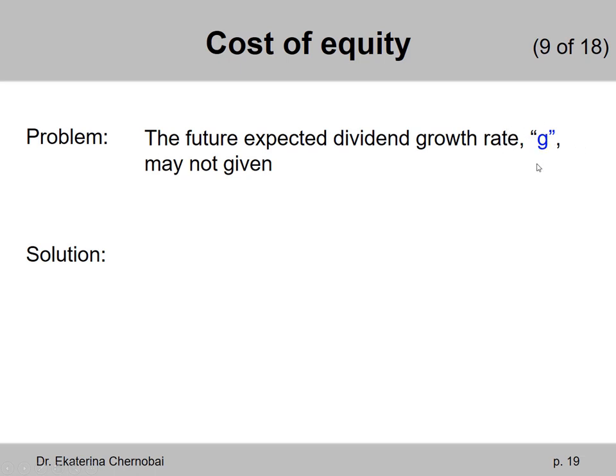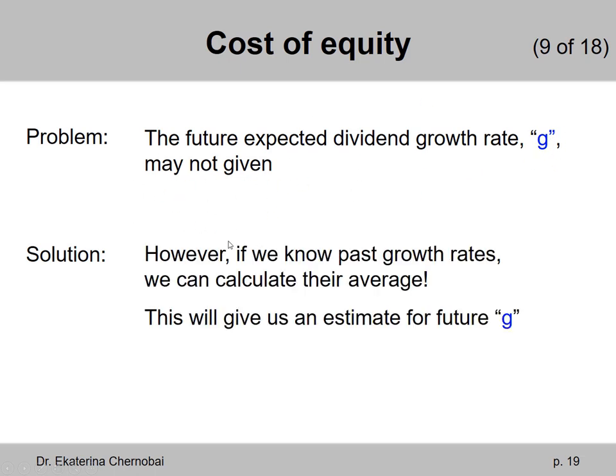So how could anybody know what the future will look like? We cannot really know the future growth in dividends every year in perpetuity. In real life, where would this growth rate in dividends in future years be coming from?